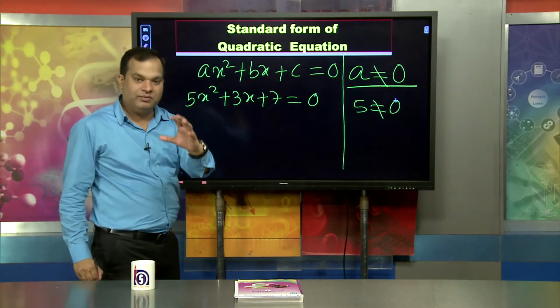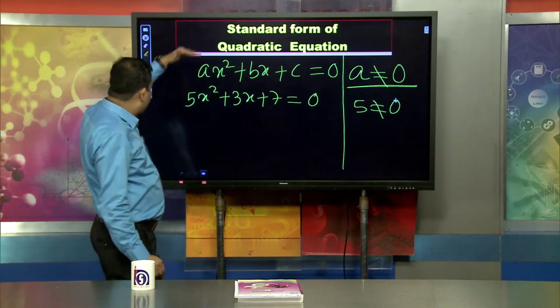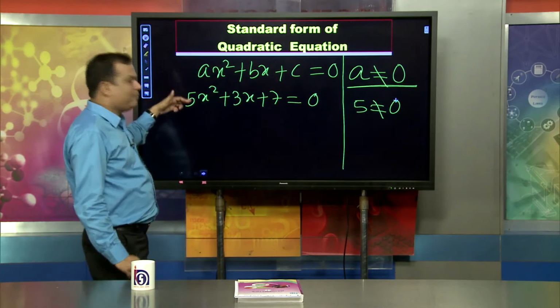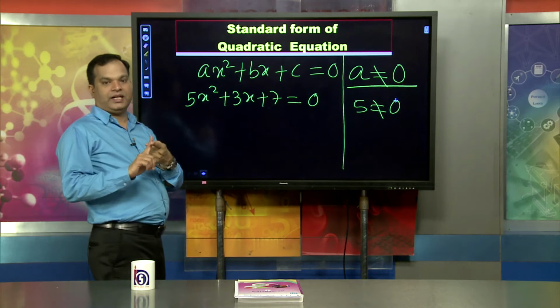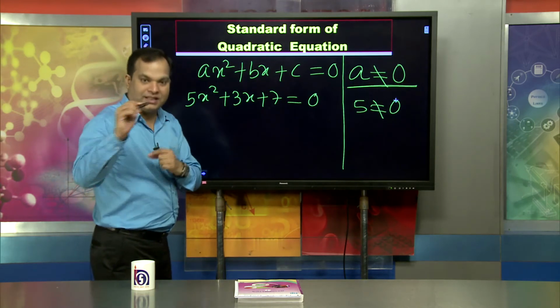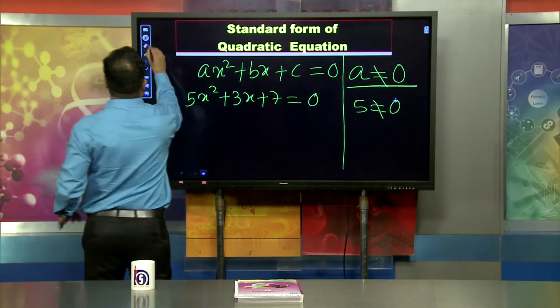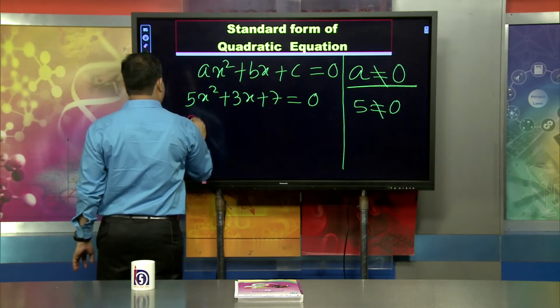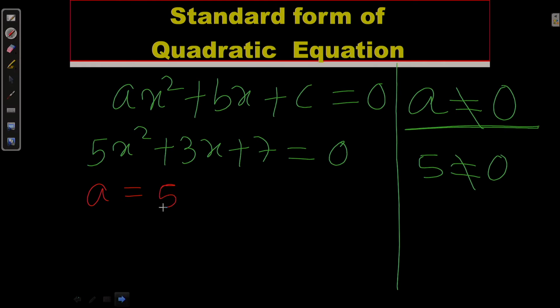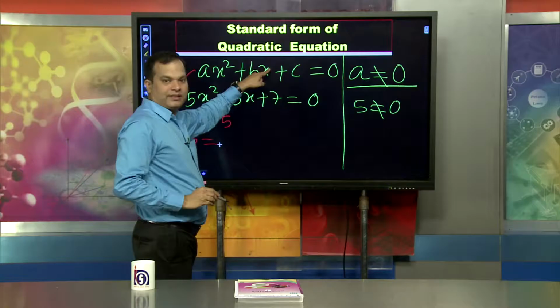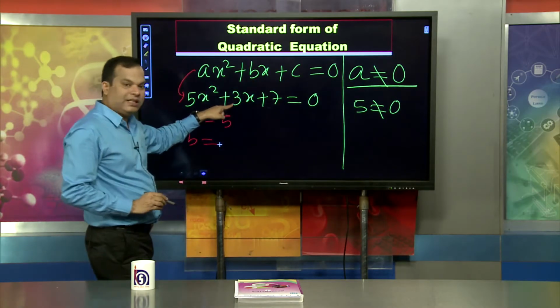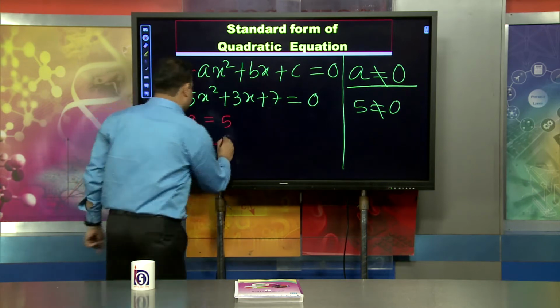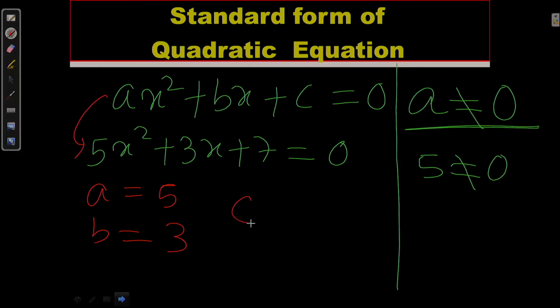And one more thing is very important. When we compare x square with 5x square, the coefficient of x square is a, so a equal to 5. The coefficient of x is 3, so b equal to 3, and c equal to 7.